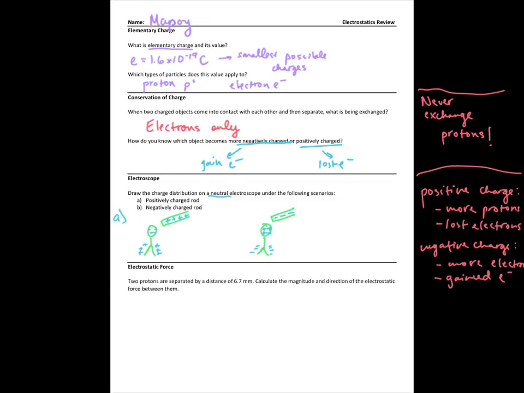Now, electrostatic force. This is a calculation-based question. Two protons are separated by a distance of 6.7 millimeters. Calculate the magnitude and direction of electrostatic force between them. Okay, so we start with two protons. Set a certain distance between them. Okay.